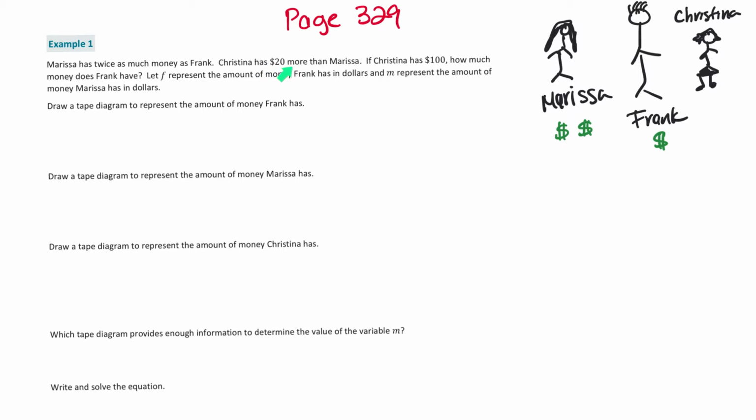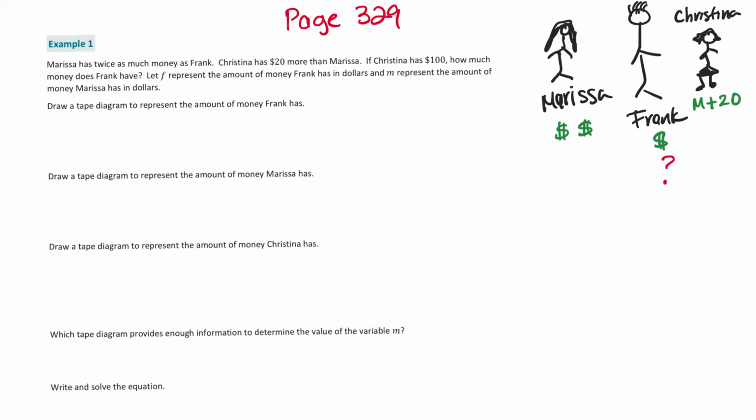Christina has $20 more than Marisa, so whatever Marisa has, she has $20 more. If Christina has $100, how much money does Frank have? So we need to know how much money my wonderful Frank has.